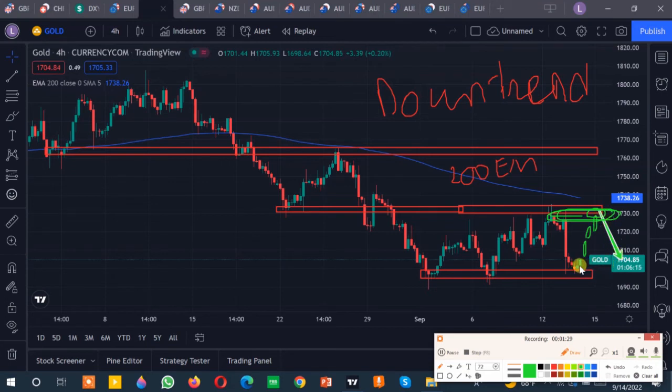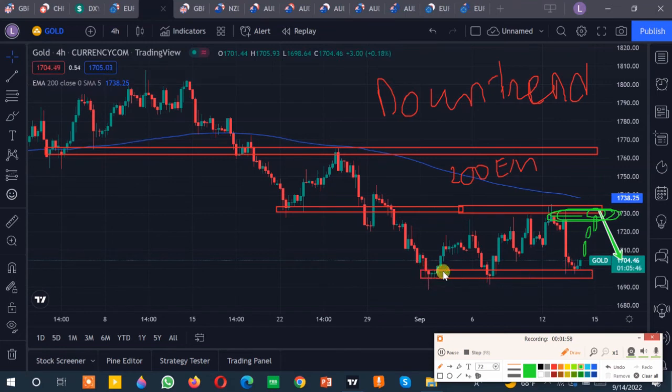But why not go up or take a buy position? Because the trend is always our trend. We never make any entry against that trend. When we make a sell position, the accuracy percentage is higher.